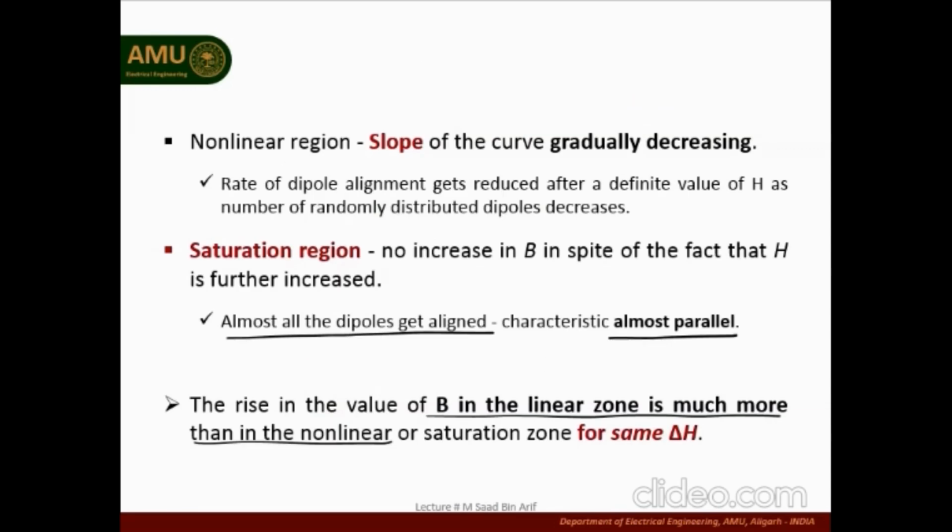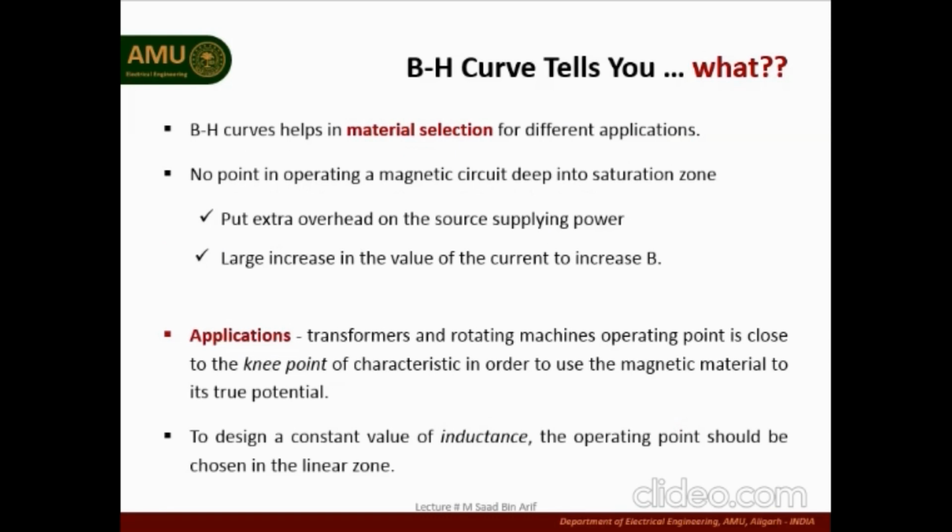Now we already get the information from the BH curve. What does this information tell us about a material? Now let us analyze the information that we already get from the BH curve. For analyzing it, we will take an example also.